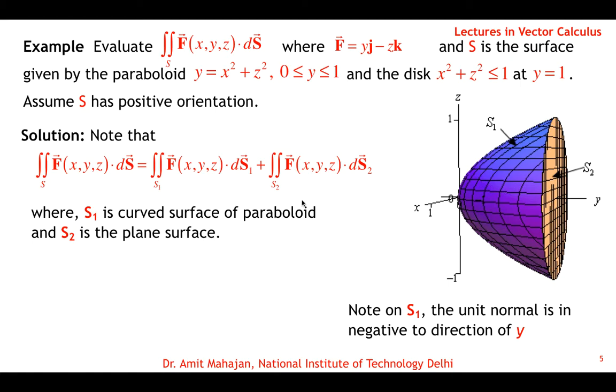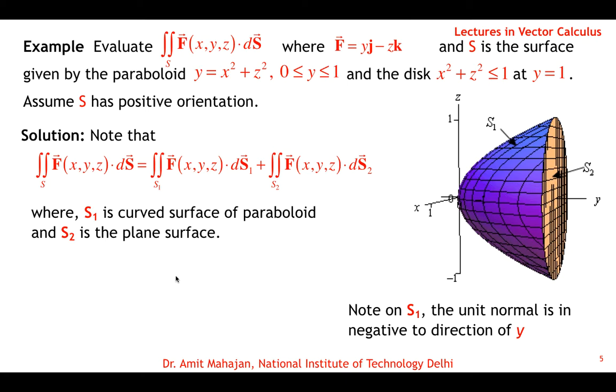So the total flux through S will be the sum of the flux through S1, the paraboloid surface, and the flux through S2. Clearly S1 is the curved surface of the paraboloid, and S2 we have taken as the plane surface. We have to separately calculate the flux through S1 and through S2, and then add them to find the total flux through the surfaces.